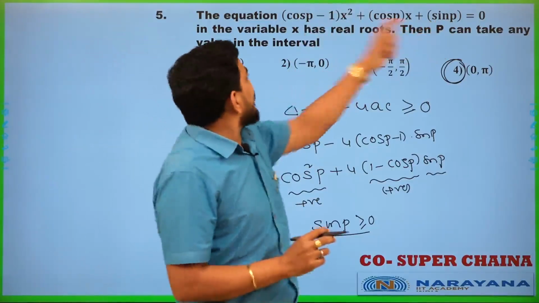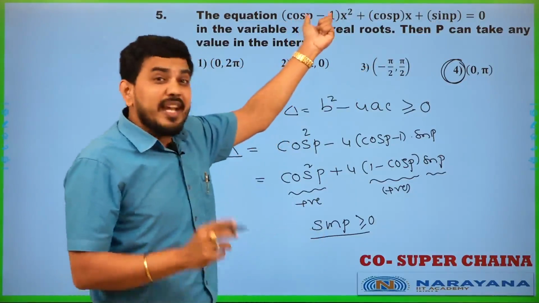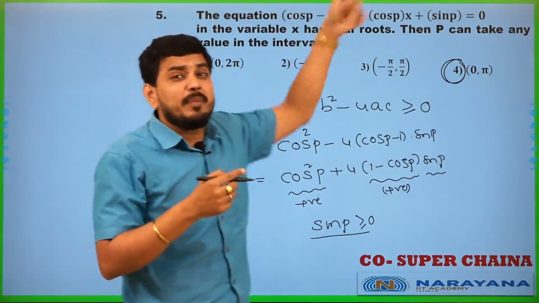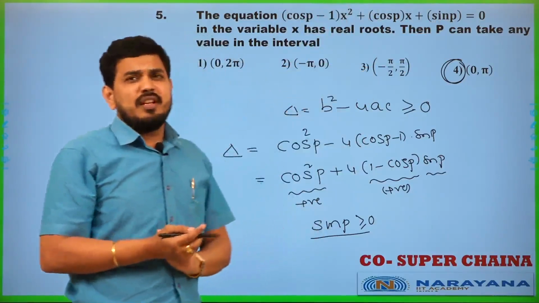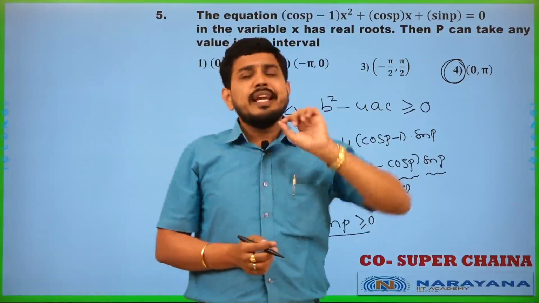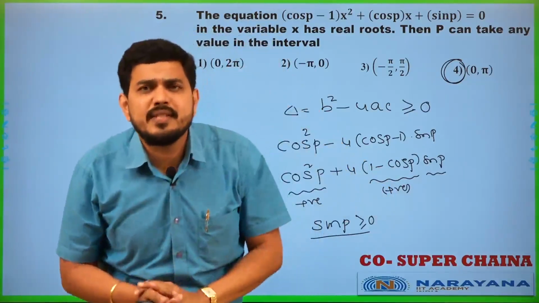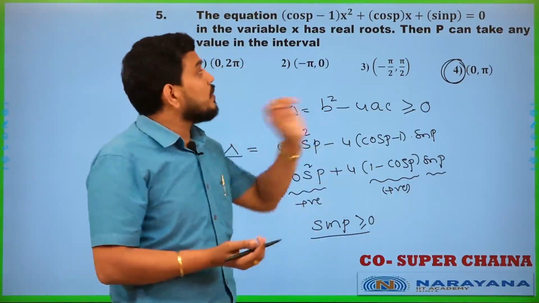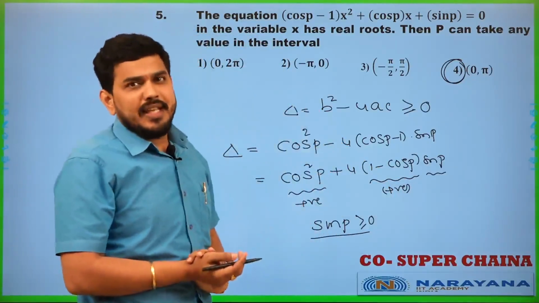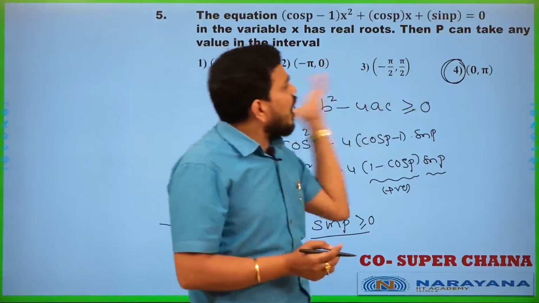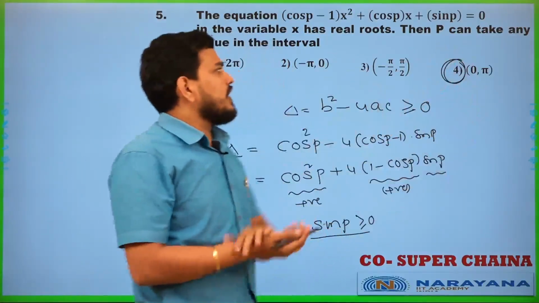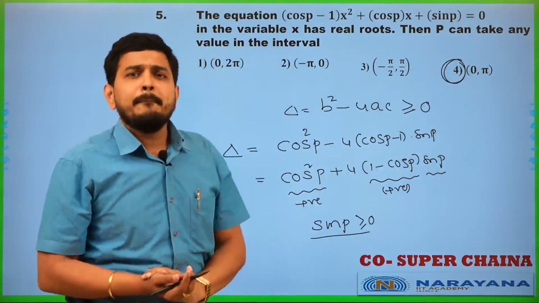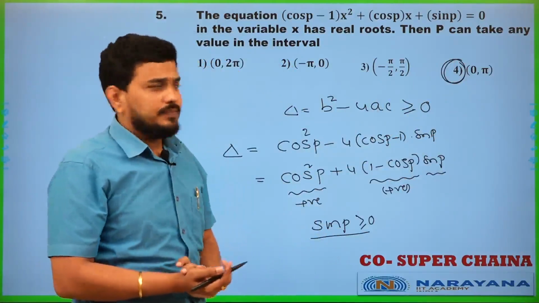If I take p equal to 0, cos p is equal to 1. So the x square coefficient becomes 0 and it will become a linear equation. In any quadratic equation, generally ax square plus bx plus c is equal to 0, a is not equal to 0 if they use the word quadratic equation. But here, anyway, among the answers, straight away you can go and mark 0 to pi as the answer.